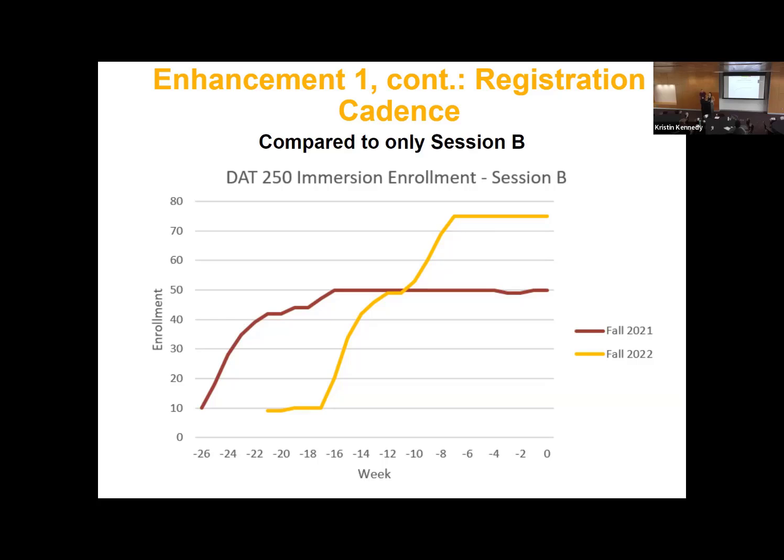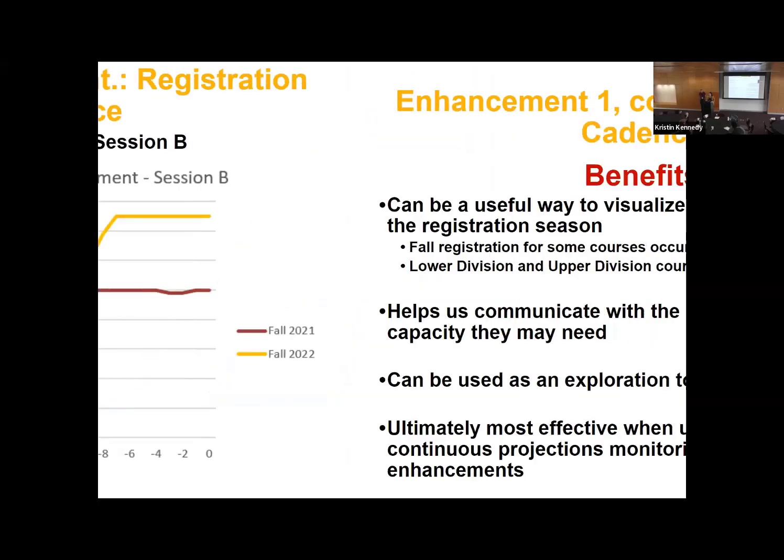But these are all things we factor in after our model projects it throughout the season. We're looking at these and saying, maybe we can refine this better. So that is registration cadence in a nutshell.